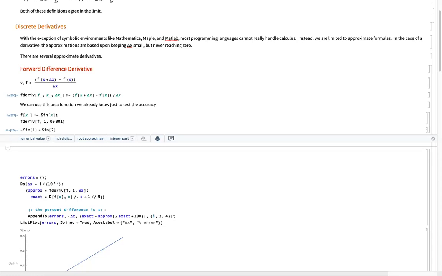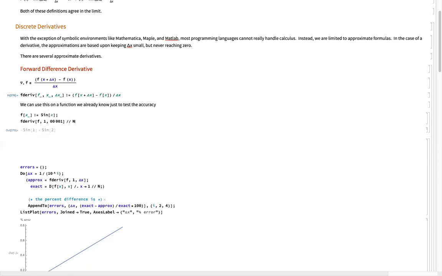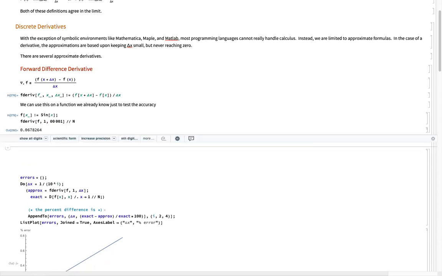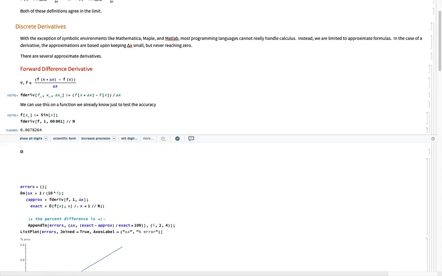Let's see if I did something not right. There we go. That's what it says. Let's compare that to the exact value.